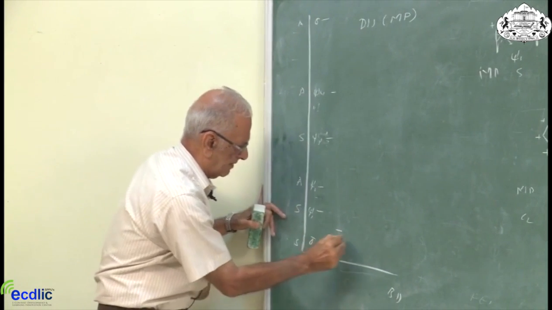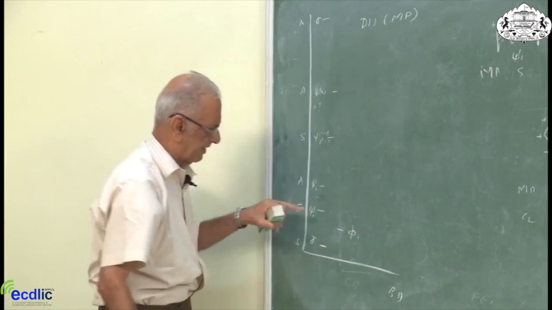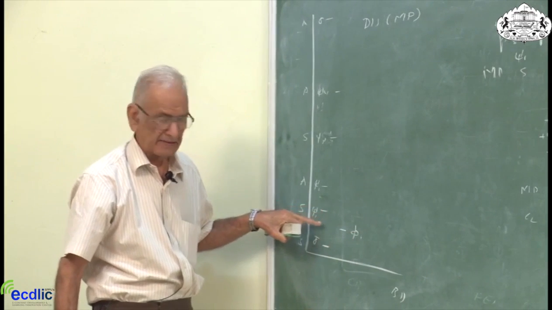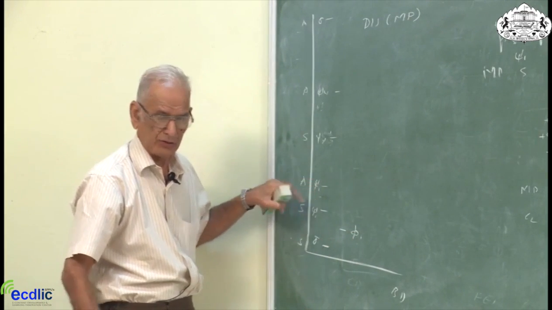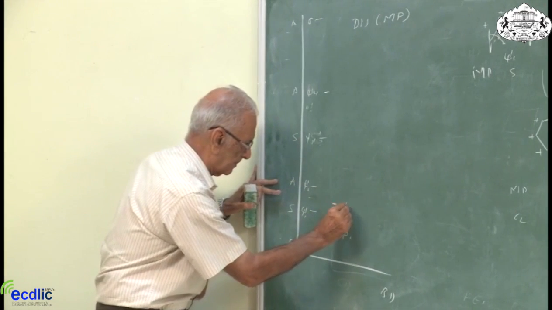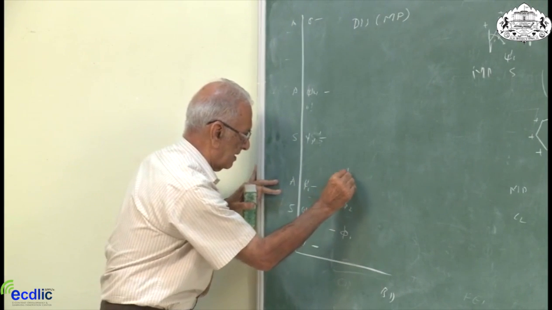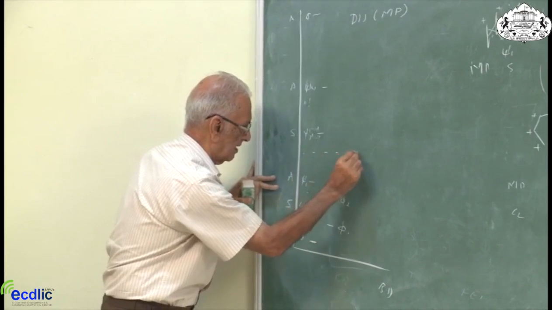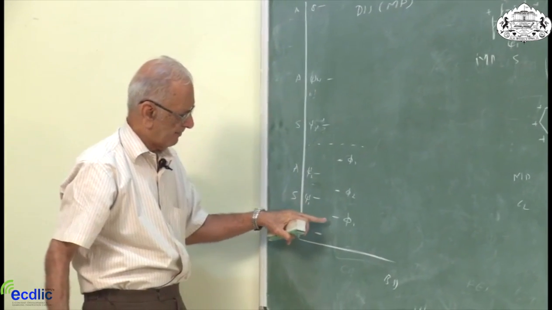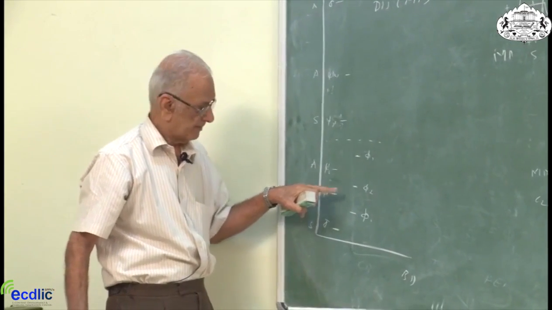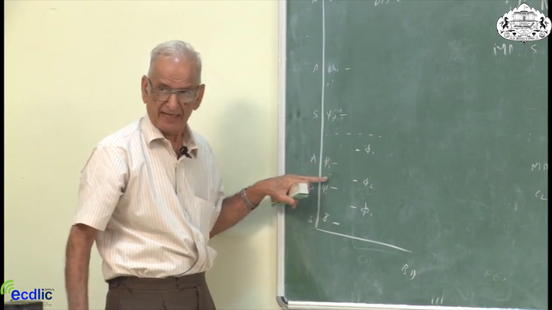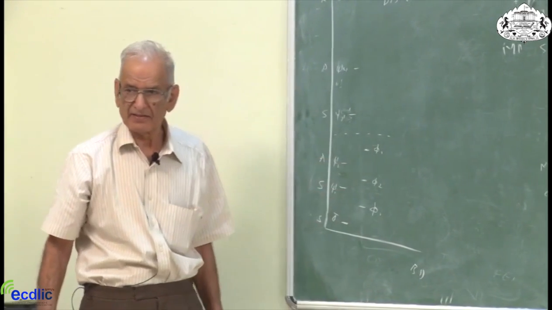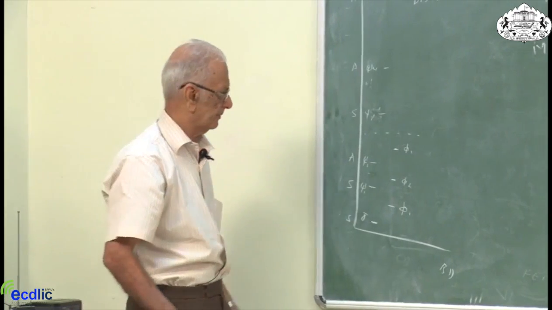Phi 1 is less than psi 1. Phi 2 will be between these two. So, phi 1 is below psi 1, phi 2 is between psi 1 and psi 2, phi 3 is above psi 2. Okay.